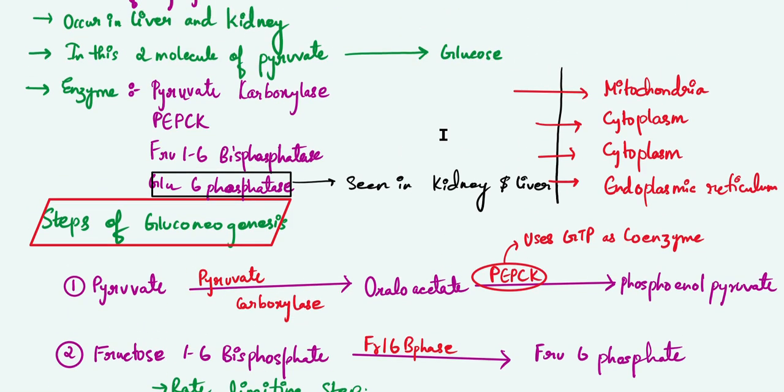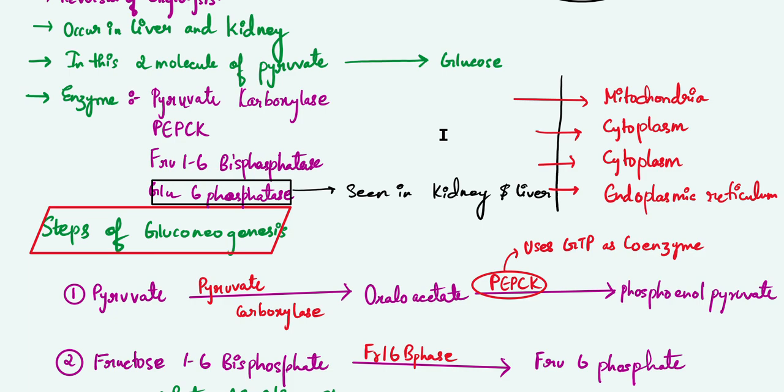Now, what are the important enzymes of gluconeogenesis? Pyruvate carboxylase, PEPCK, fructose 1,6 bisphosphatase, and glucose 6 phosphatase.